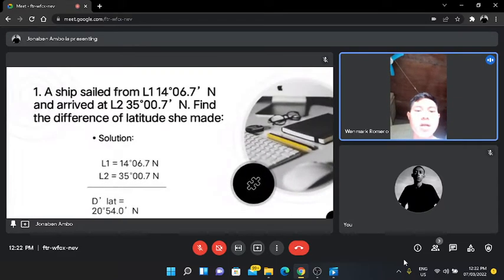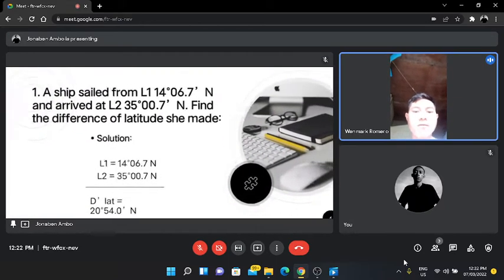For example, a ship sailed from latitude 1, 14 degrees 06.7 minutes north and arrived at latitude 2, 35 degrees 0.7 minutes north. Find the difference of latitude she made.